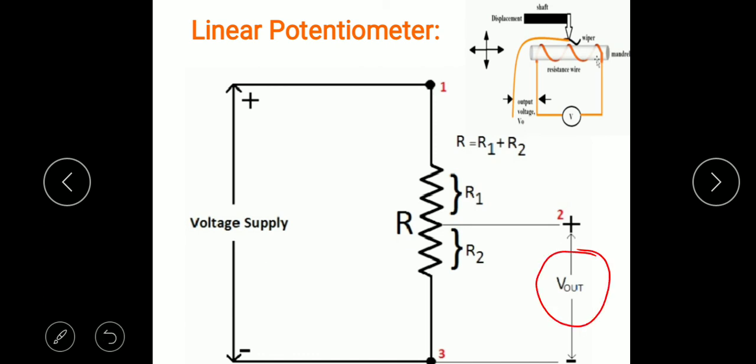Now the question is, we are getting the output voltage here, but we are not getting the displacement. So how can we measure the displacement? There is one formula to find out the displacement of the body from the V out.